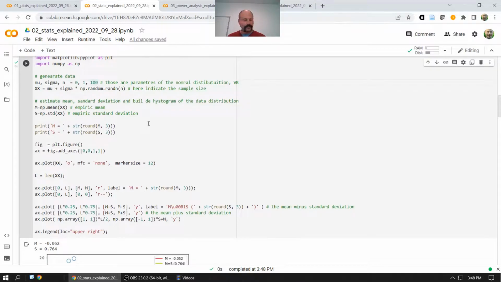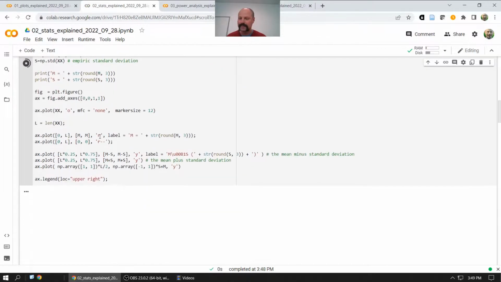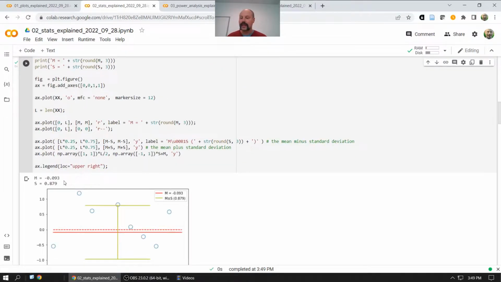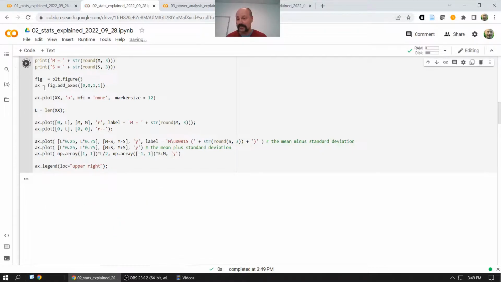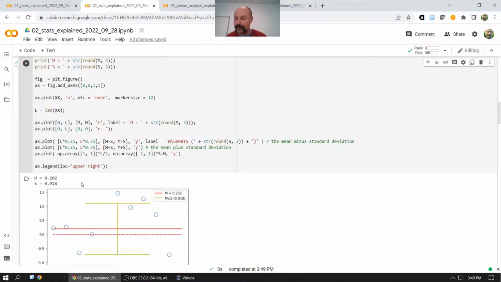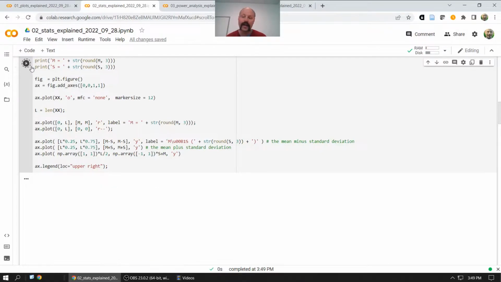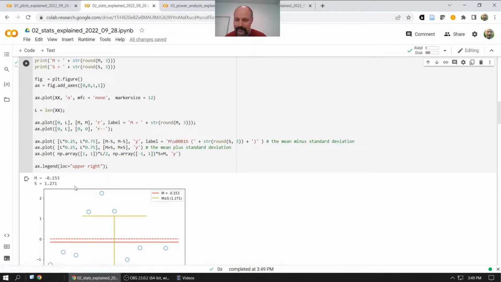If we decrease the number of samples, then this variation becomes more important. You see, it is 0.2 instead of 0. And next time it can be minus 0.15.